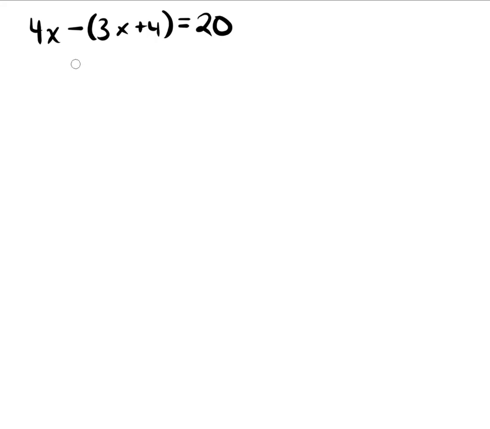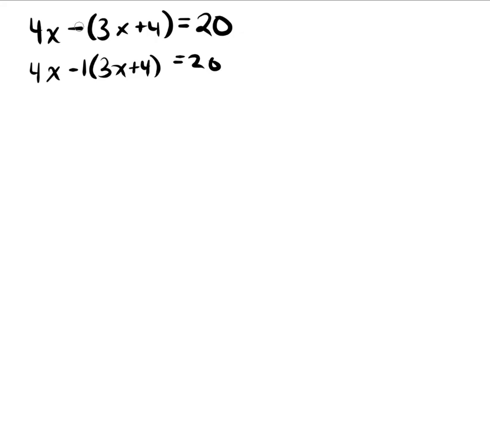But what I'm going to do is distribute, like we've been learning to distribute. I'm going to distribute this negative, because really I could rewrite this as -1 distributed into this 3x plus 4, is equal to 20. I could write it like that if I wanted, but I'm not going to.